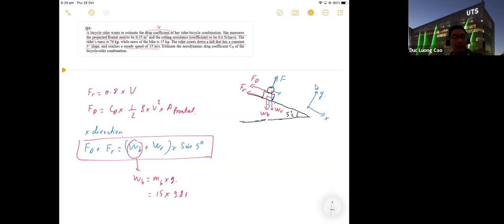Weight of rider is mass of rider times gravity, or 70 times 9.81. FR is a resistance force. So FR, as I said, equal to 0.8 times velocity, and the velocity is 15.